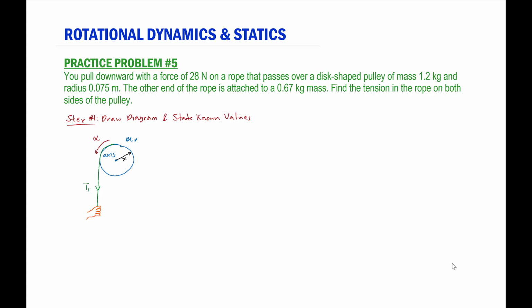On the other side of the pulley, there's a hanging mass. So we'll call this MH for the hanging mass. We also know that the hanging mass is going to have gravitational force acting on it, so mhg to be more precise.